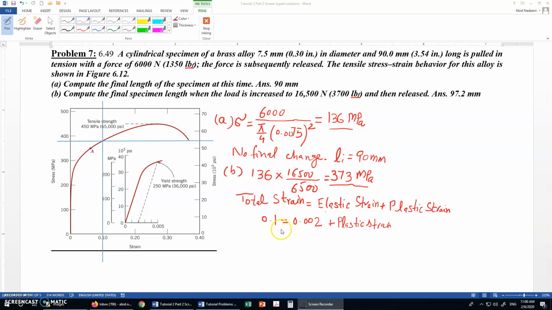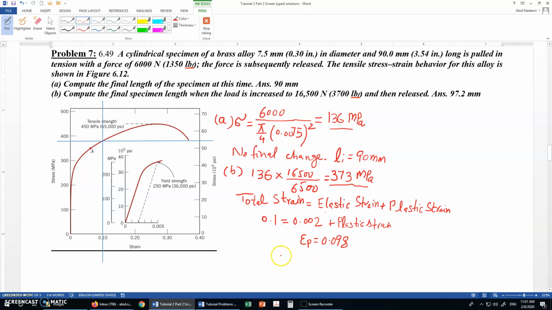Therefore the plastic strain, epsilon plastic, is equal to 0.098. This will be the strain that will remain in the specimen after the release of the load.